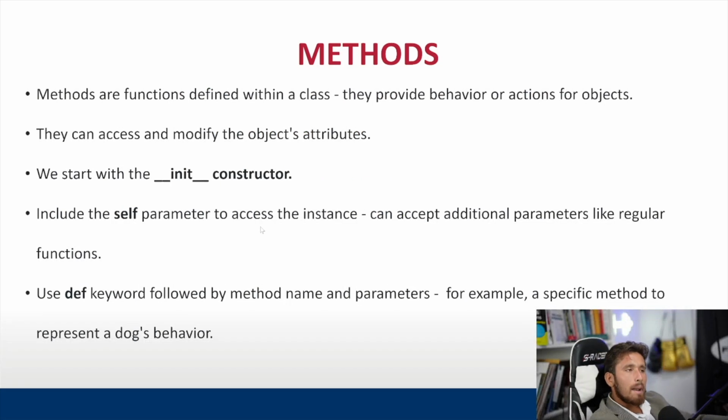So let's look at methods, which are functions that we define on a class, and they provide a behavior. Like I said, there are multiple ways that we can think of methods in terms of an object. We can think of a car or a vehicle object, and we can say that the vehicle has its attributes, which is like the name of the vehicle, the color, the brand, any of those things, the year it was made.